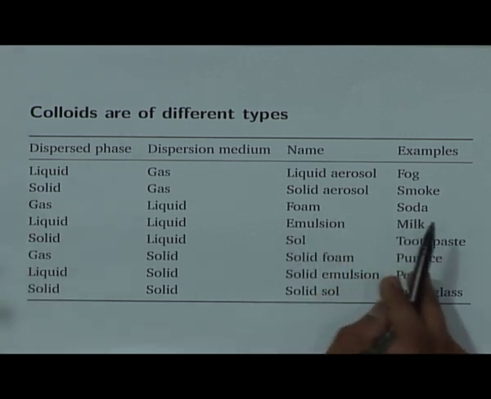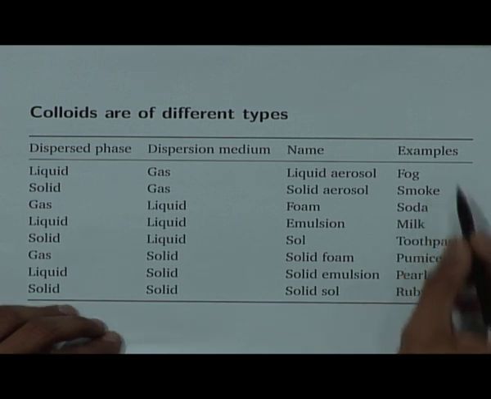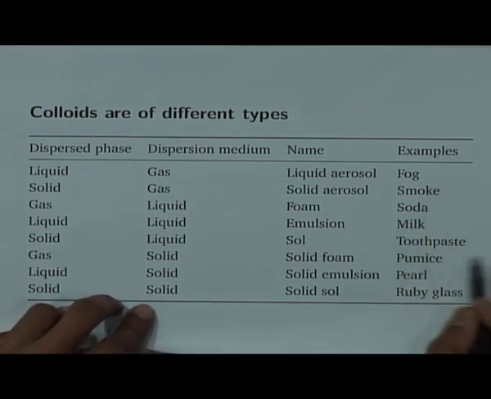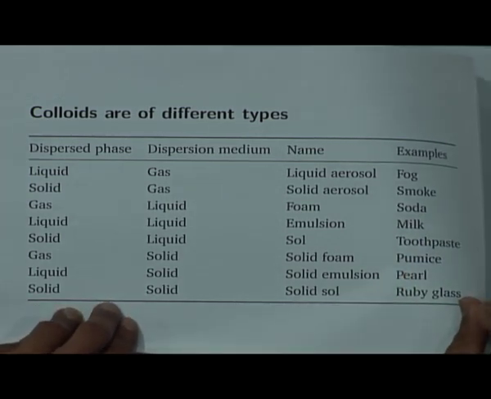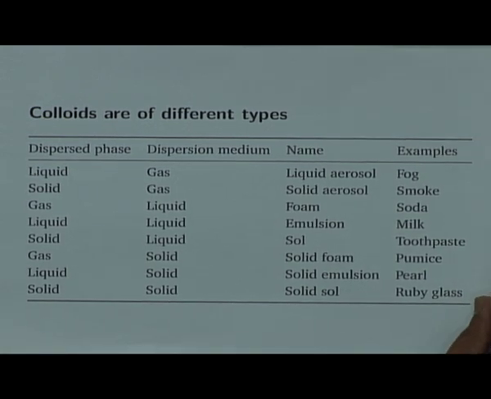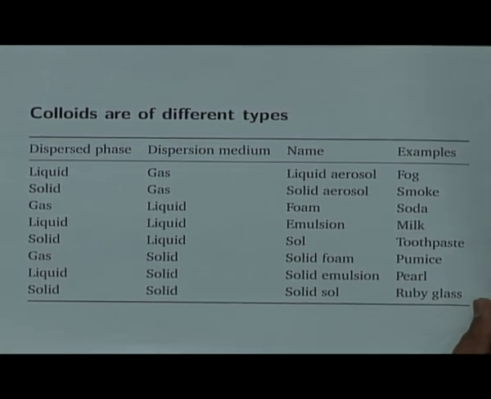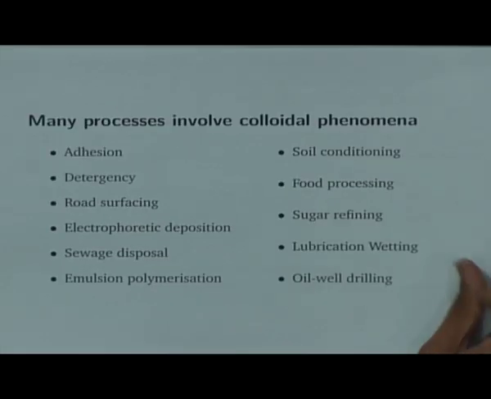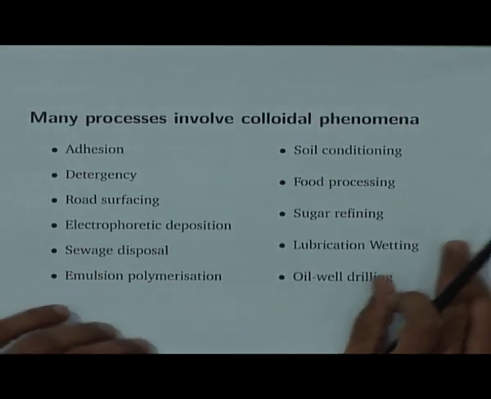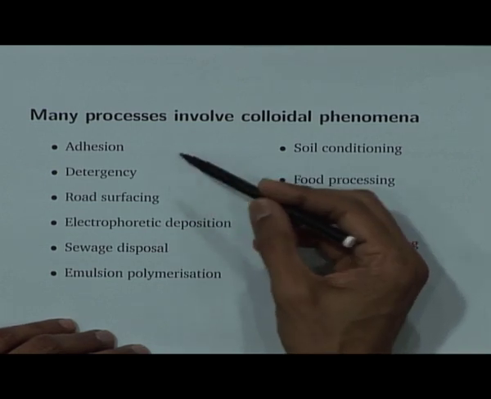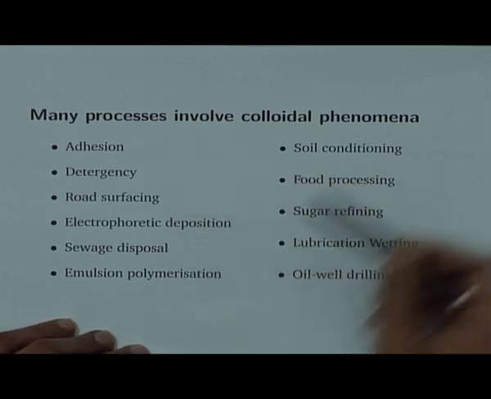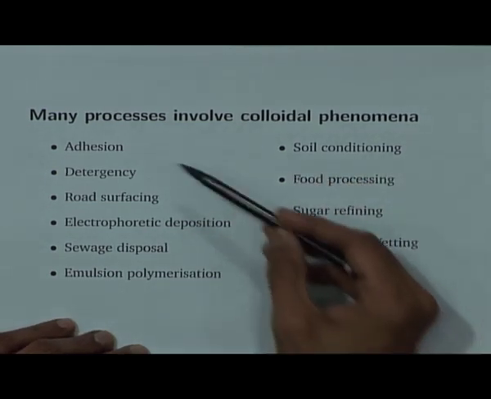Paints, for example, are also examples of all this. So, you have various examples, and pretty much anything that you come across is a colloid. So, there is one reason why it is called the chemistry of everyday life. The other thing is that many processes that you are familiar with involve colloidal phenomena, and I am not going to go through this list and read it out for you, but look at this.